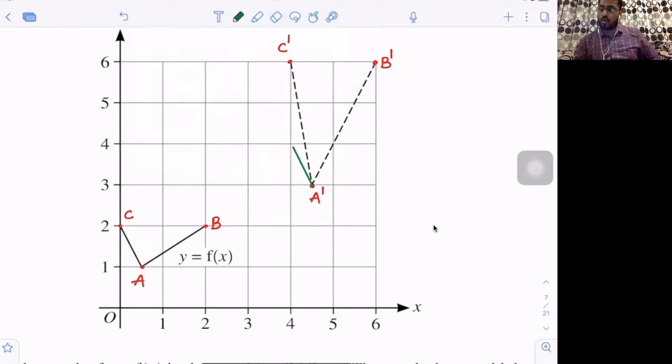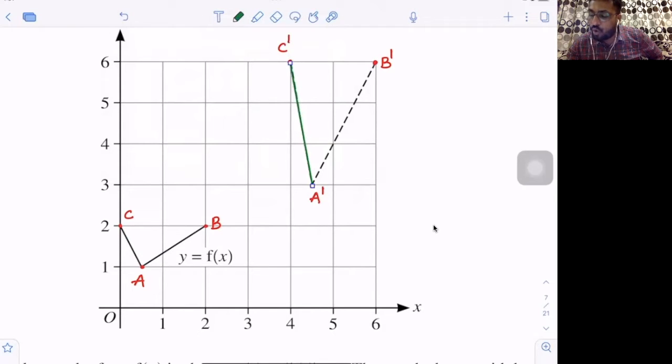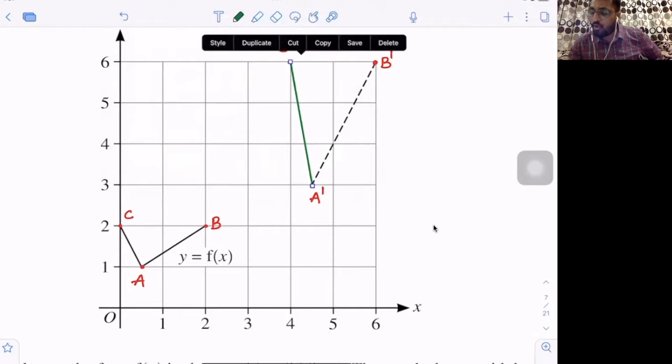Now to make this line AC look like A prime C prime, see what I need to do. I will need to stretch it in the y direction like this, right, students? So stretching is involved, isn't it? Same is with the line AB also. I will need to stretch line AB to A prime B prime. So stretching is definitely there, right?